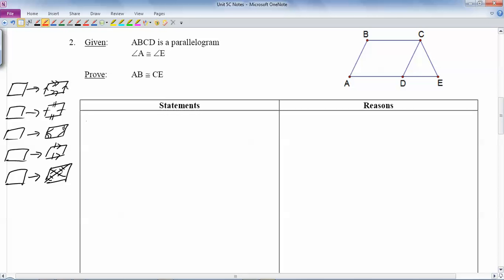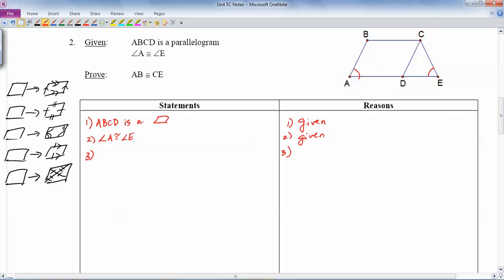Okay, so we'll list off the given first. ABCD is a parallelogram. It's given. And angle A is congruent to angle E is also given. Okay. So now let's use some of the parallelogram features.